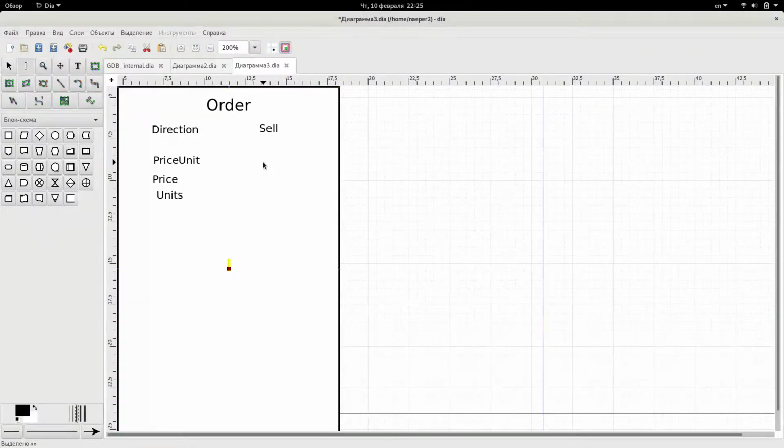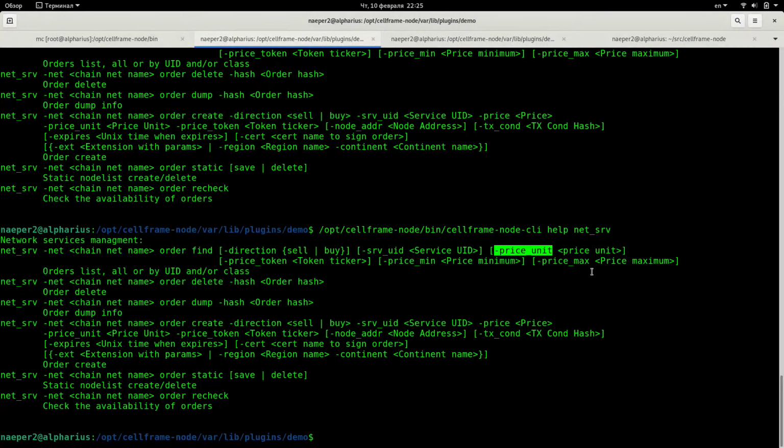It could be price unit. It's the default unit, just something. It could be seconds, could be megabytes, but here it's just unit. So then the price of this film. One cell. Price.